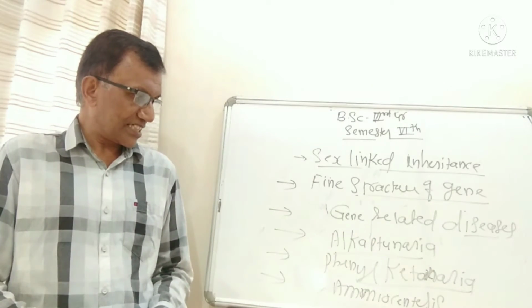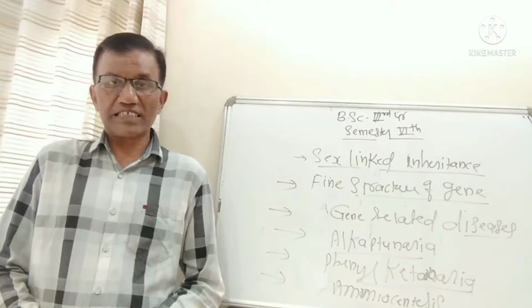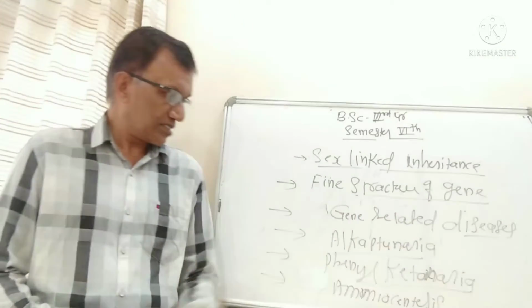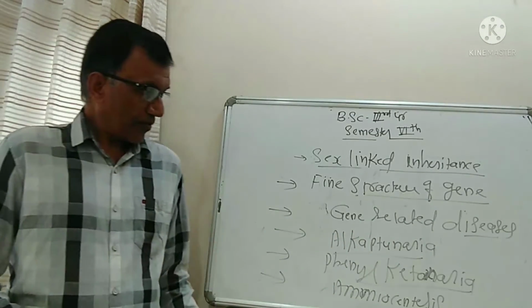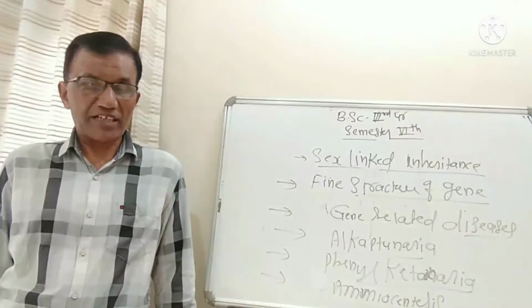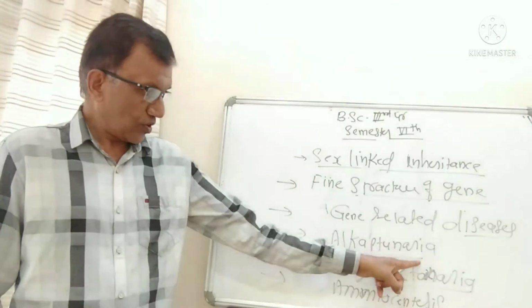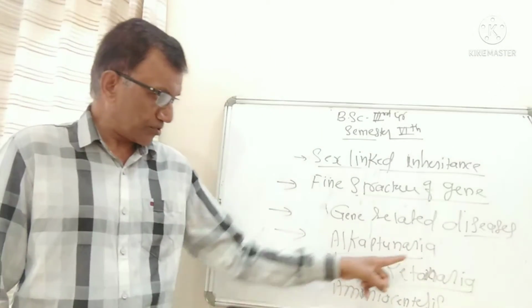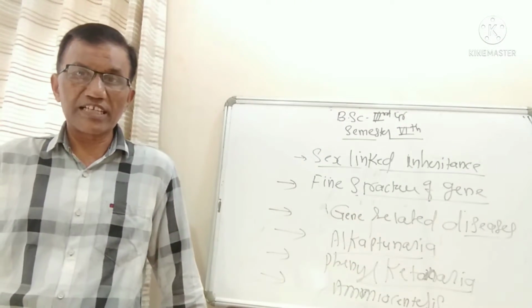A person suffering from that disease is known as having alkaptonuria, the black urine disease. So these are the two important gene-related diseases.